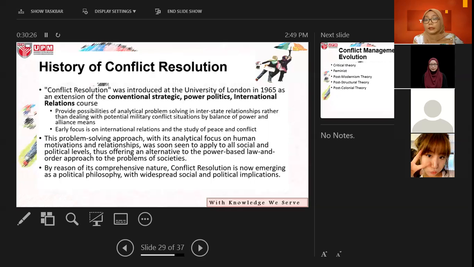Okay, so konflik ni, kalau kita tengok daripada broader perspektif, dia akan closely related to power. Biasanya orang yang ada konflik ni sama ada you want to maintain your power at the top, or you are at the bottom level in which you want to challenge the power conferred by the superior.